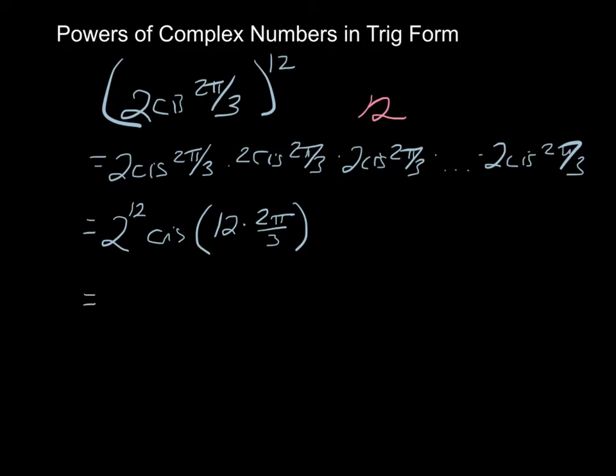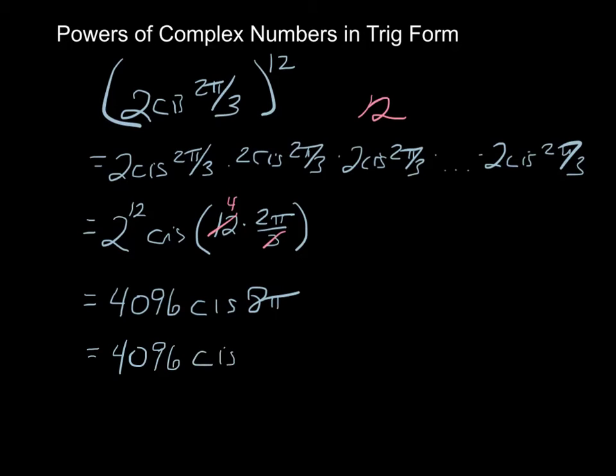So 2 to the 12th happens to be 4096 cis. Here, let's simplify. 3 into 12 is 4. We get 8 pi. And 8 pi is coterminal with 0, so I'm going to simplify that a little bit. 4096 cis 0.